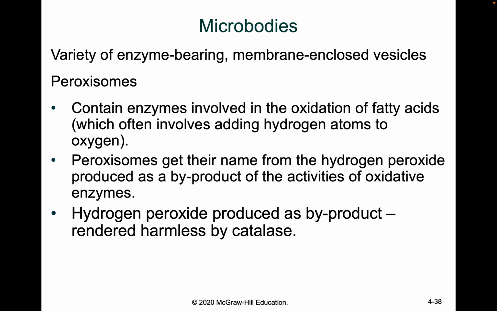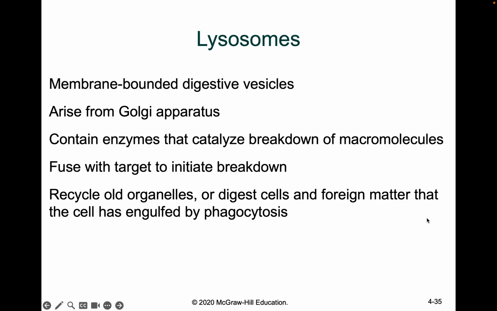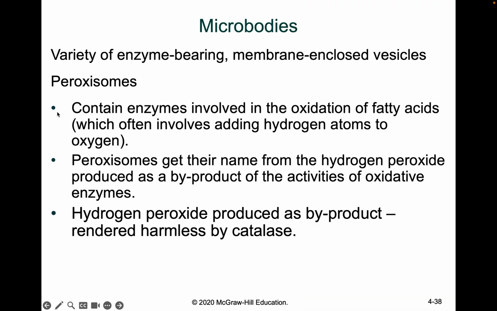There are other smaller vesicles, very similar to lysosomes, that have different enzymes, and one of them is the peroxisome. Peroxisomes have different types of enzymes that are more related to oxidation. They love to oxidize, and oxidation basically means giving oxygen.